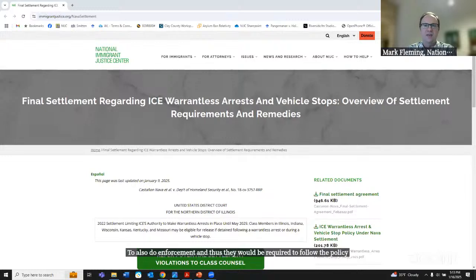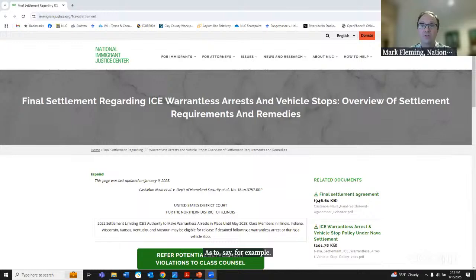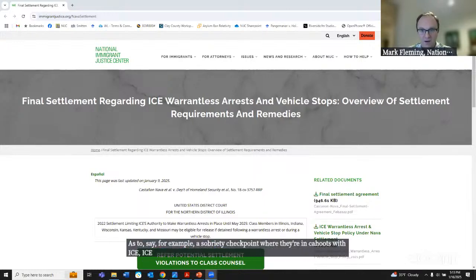That's what some folks on here may know as a 287(g) agreement. For a sobriety checkpoint where they're in cahoots with ICE, ICE would still be required in that instance to do this analysis and documentation.